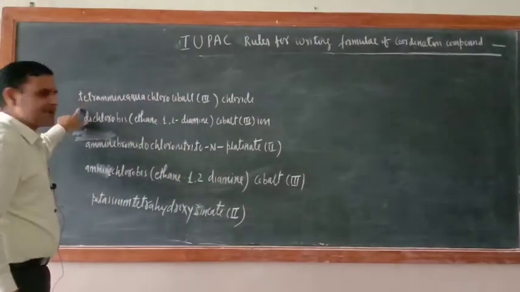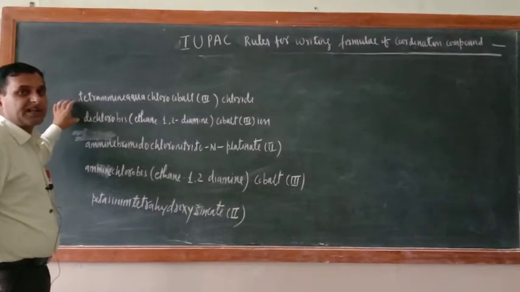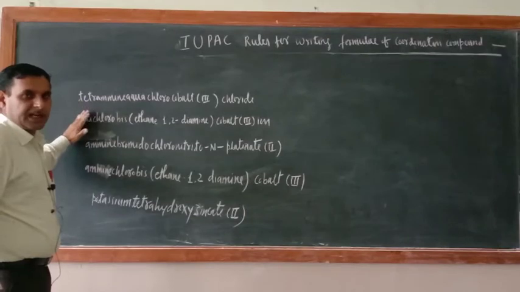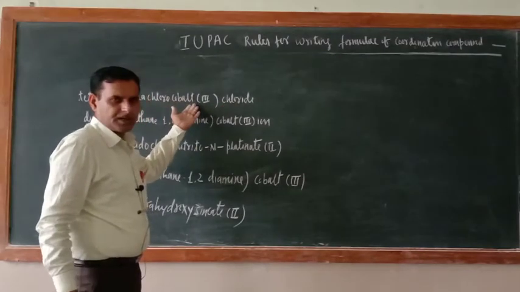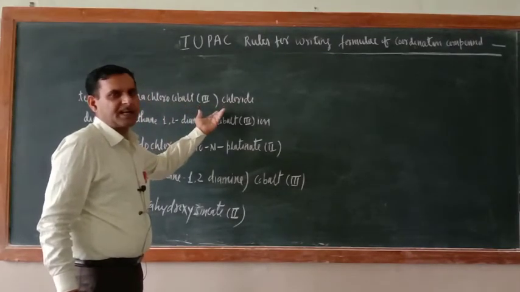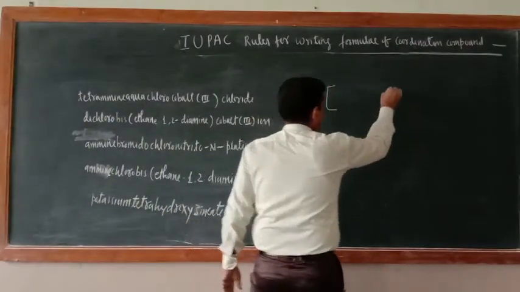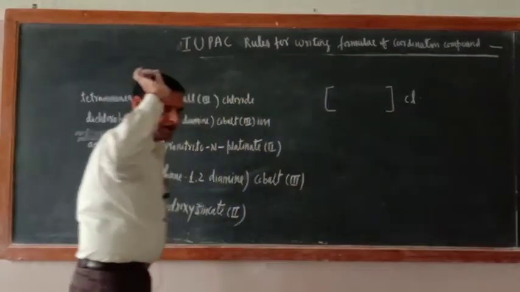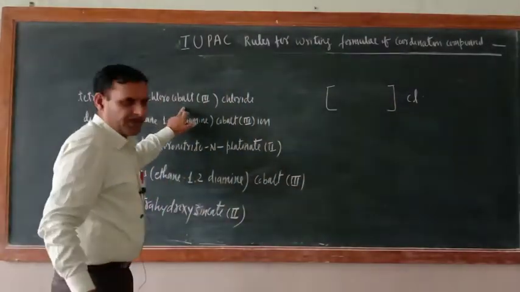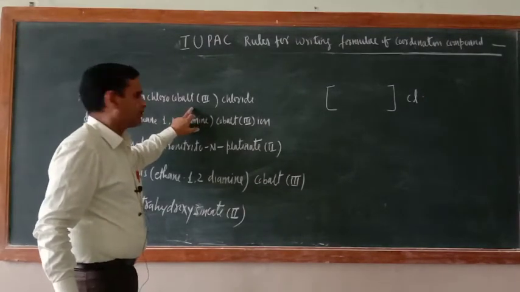While seeing the IUPAC name, you should first decide what kind of coordination compound this is, an anionic complex or a cationic complex. Chloride is written soon after, so this is a cationic type of complex. So put a square bracket here and write Cl. Now just see, wherever the oxidation state is written, that is only the central metal atom, so the cobalt.